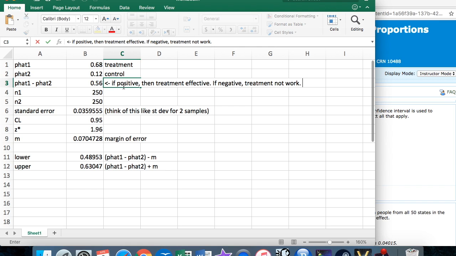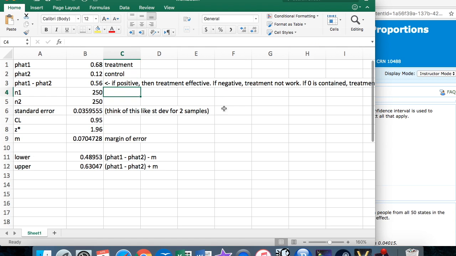Speaking in caveman terms. If 0 is contained, so like we have 0 or really close to 0, treatment might not work at all. Right? No change. Okay, so that's kind of our 3 cases.